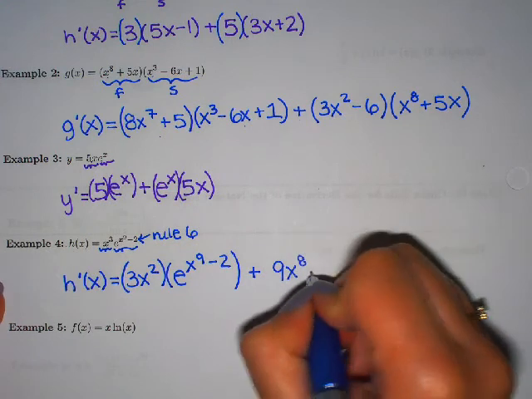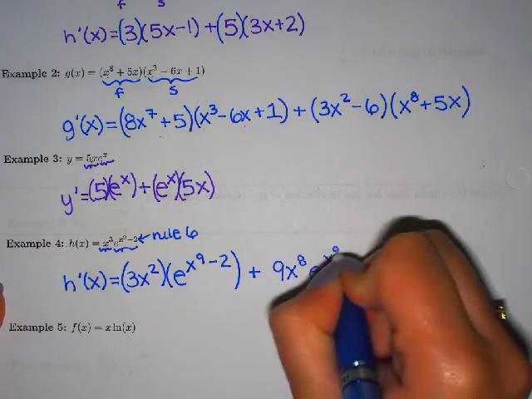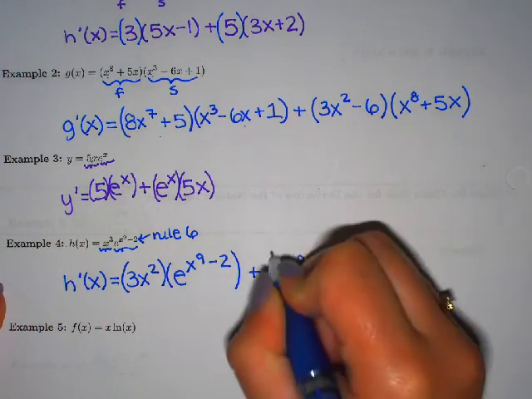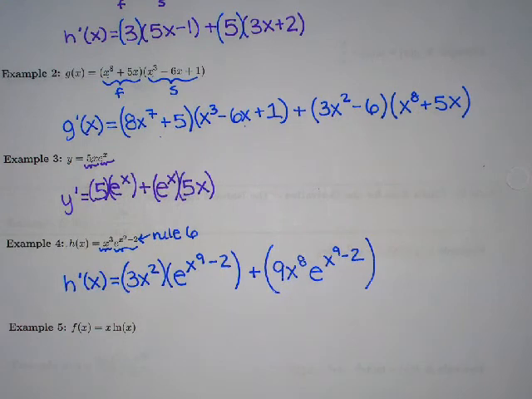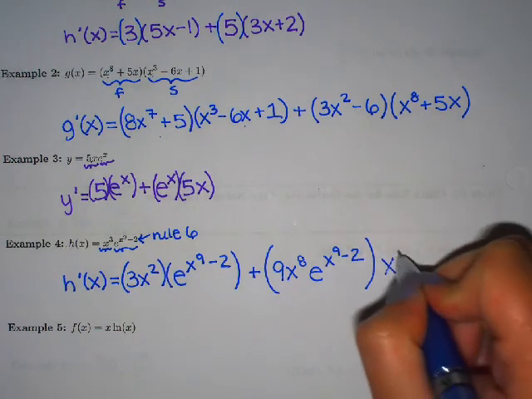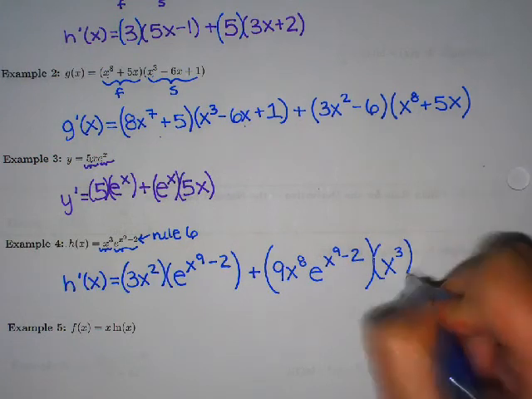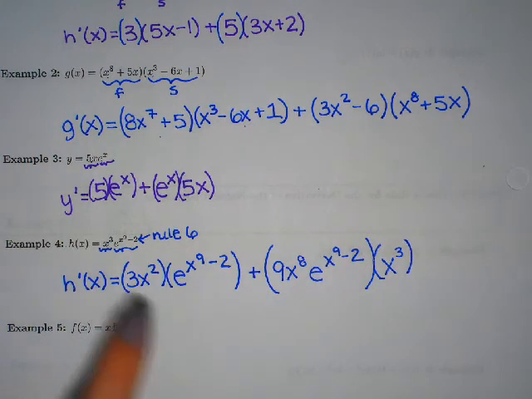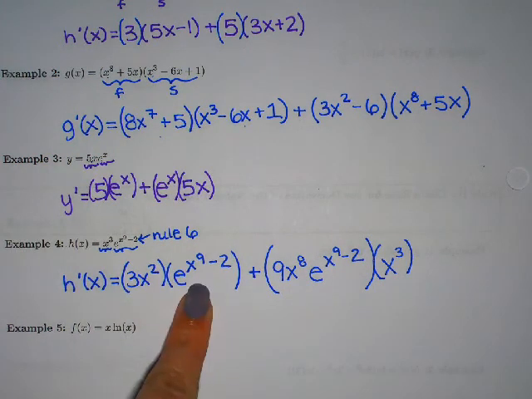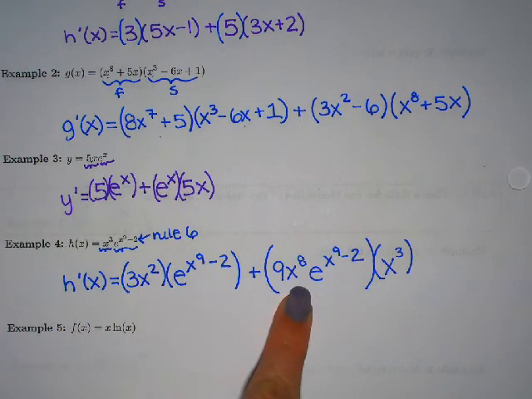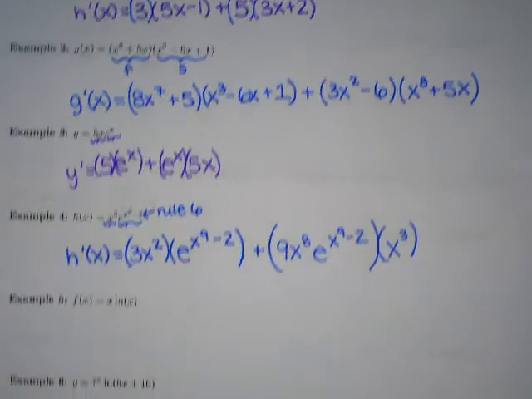Derivative of minus 2 is just 0. So there's the whole derivative of the power times e to the original power. So there is my whole derivative of the second where I used rule 6 times the original first is x cubed. Man, these are long rules. Derivative of the first, original second, plus the derivative of the second times the original first.